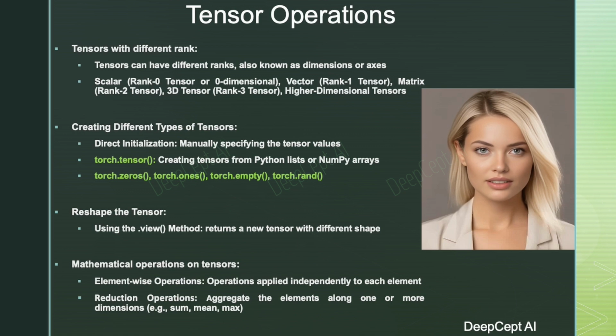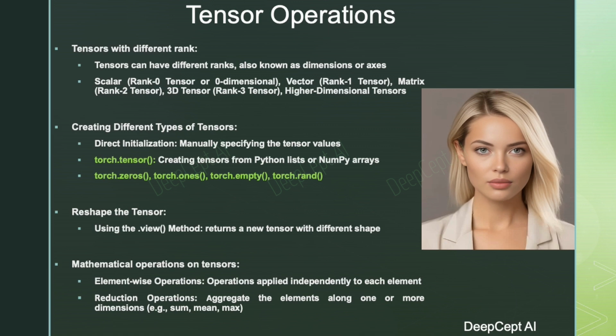Matrix tensors extend this to 2 dimensions, forming tables of numbers, while 3-dimensional tensors encapsulate data cubes. PyTorch offers several methods for creating tensors, including direct initialization with specified values or leveraging built-in functions such as torch.tensor, torch.zeros, torch.ones, torch.rand, and torch.randn.